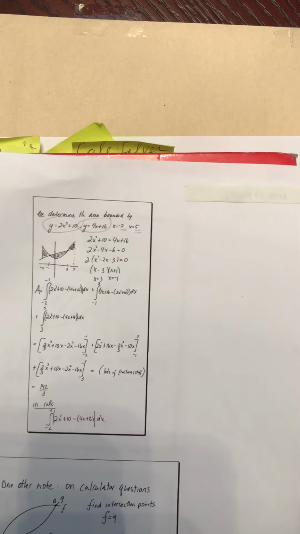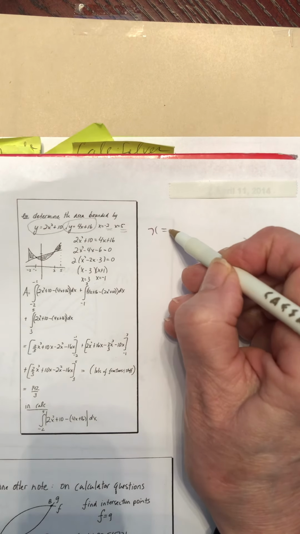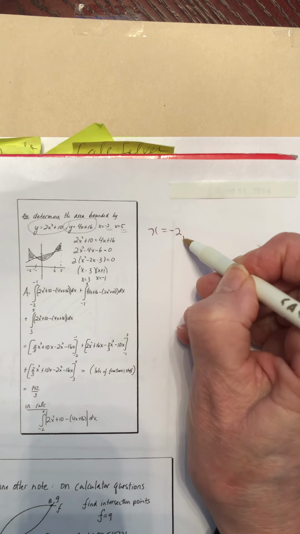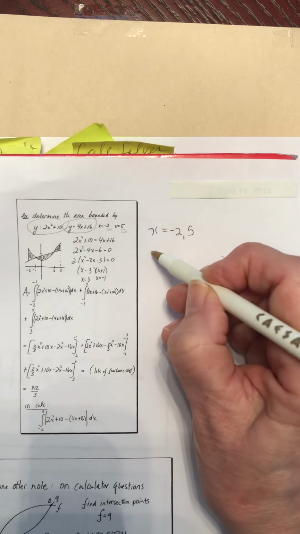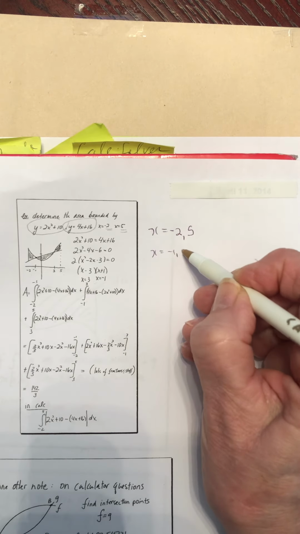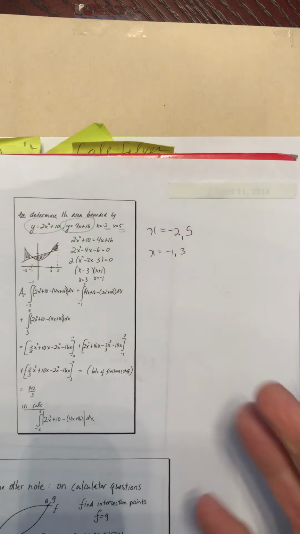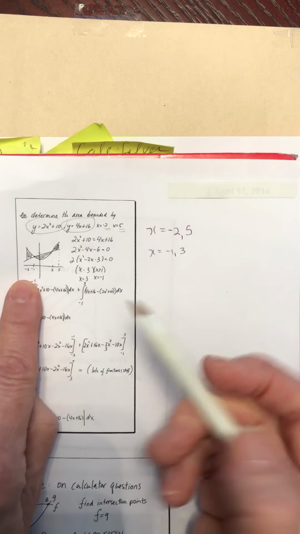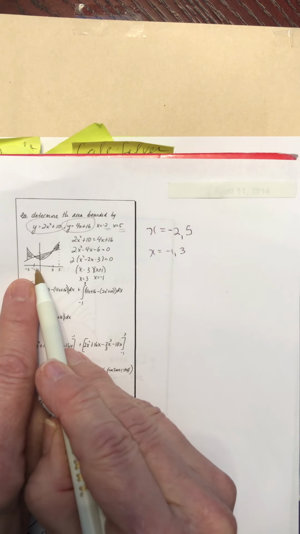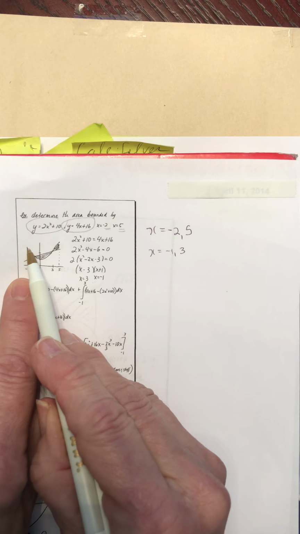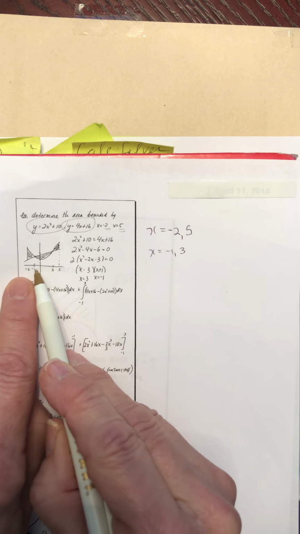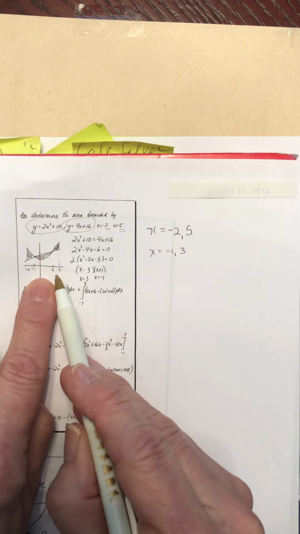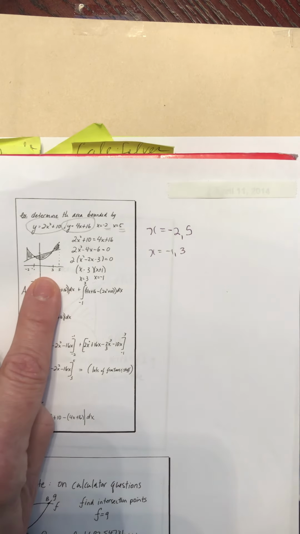So look at all the values that you have. You know it's starting at x is -2, it's going all the way to 5, but then they also cross at -1 and 3. So those create new intervals. They go from -2 to -1, where the parabola was higher, then -1 to 3, where the line was higher, then 3 to 5, where the parabola was higher.